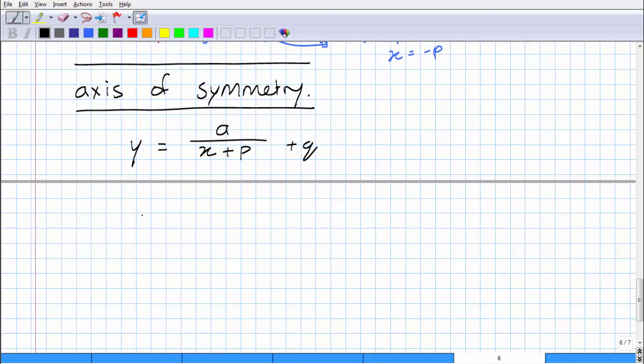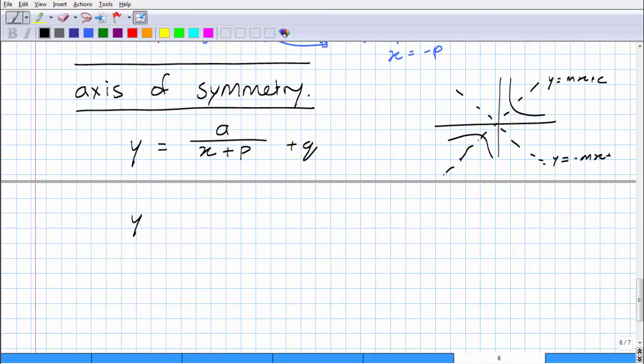And the axis of symmetry is simply a straight line graph, because remember, we have one axis of symmetry there, and we have another axis of symmetry there, and it'll shift around as your asymptotes shift around. But the point is, this is y equals mx plus c, and this is y equals negative mx plus c. Two straight lines, one's positive, one's negative.